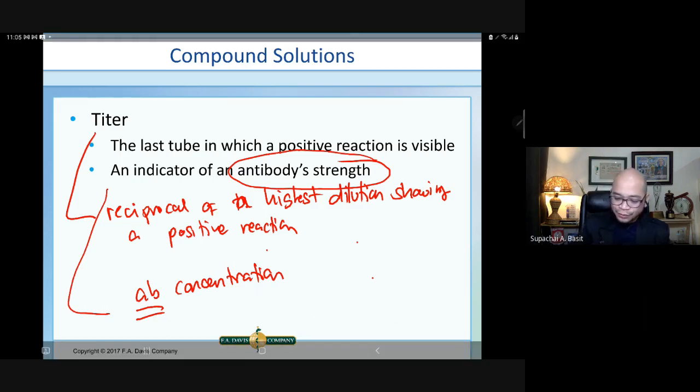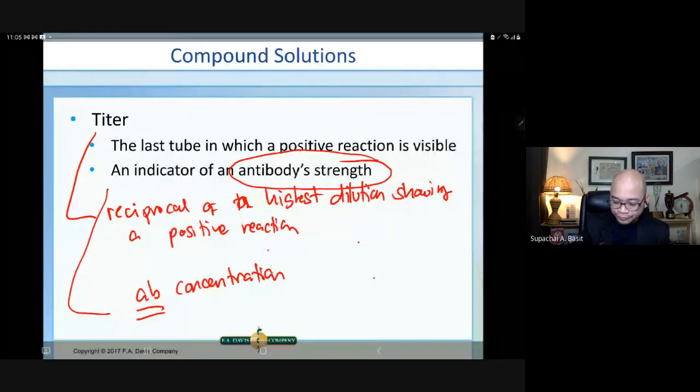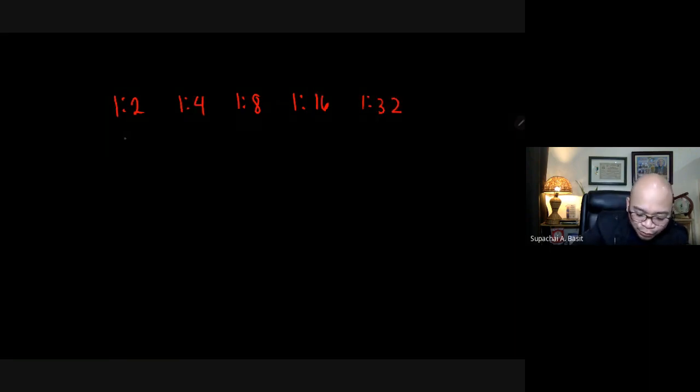So, for example, you have here a specimen, no? 1:2, 1:4, 1:8, 1:16, 1:32. Okay? And then you test it for, let's say, an agglutination reaction.